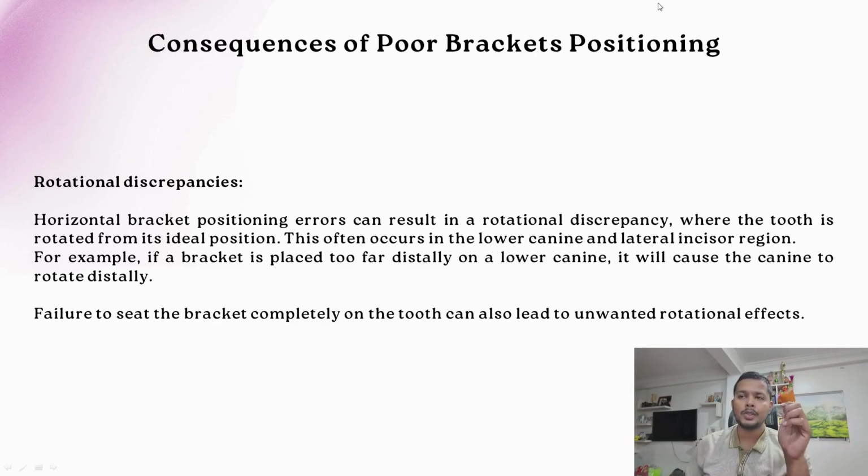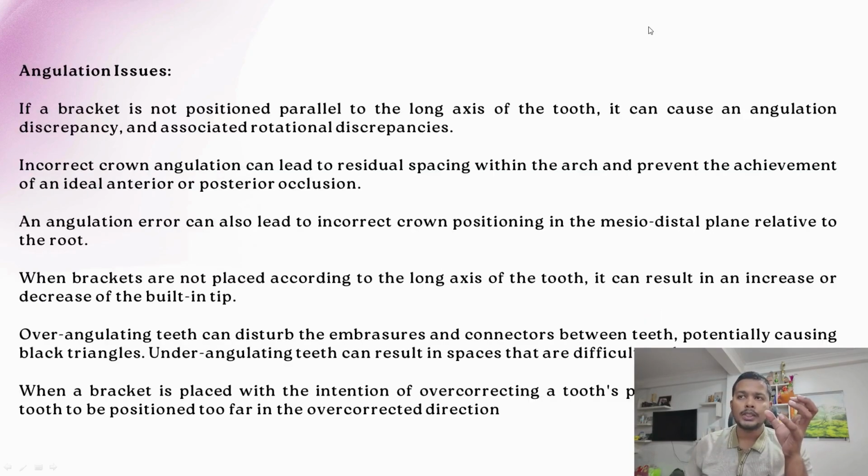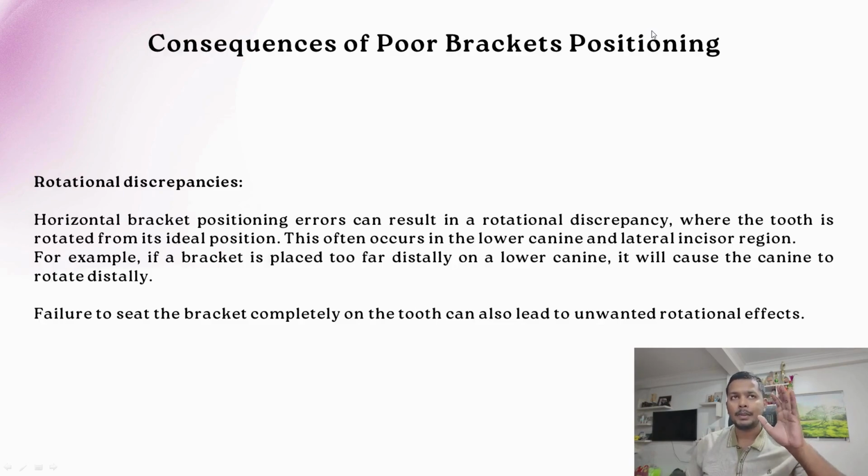Basically, when you place the bracket, we have to press with gentle pressure. If we don't press it, there will be excess cement on different parts of the bracket, which makes the bracket not sit evenly on the surface of the teeth.